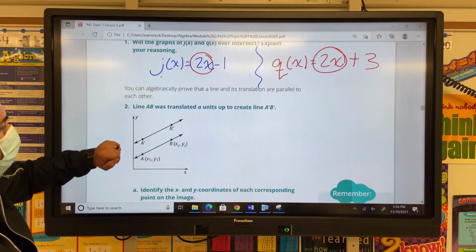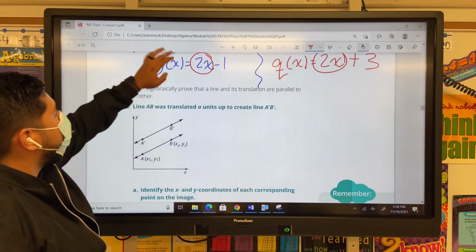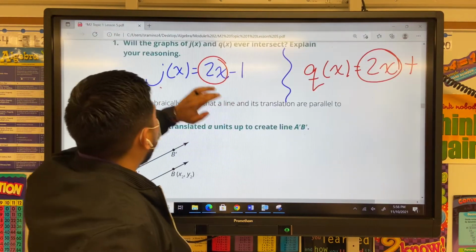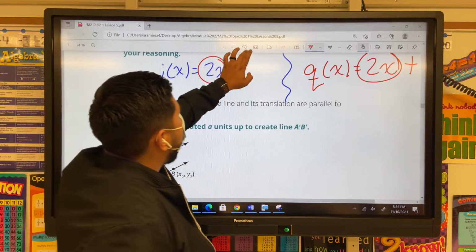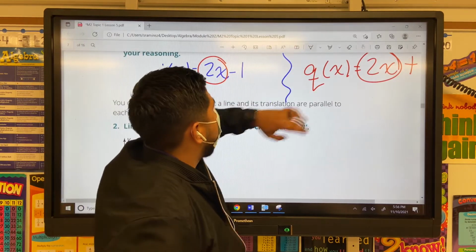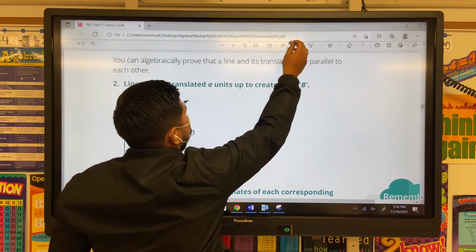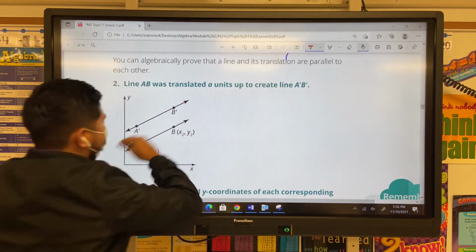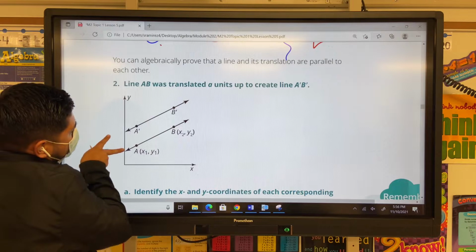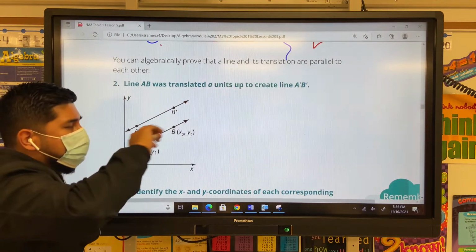Now, we're going to talk about it with this demonstration. We should know that parallel lines never, and I say never, ladies and gentlemen, they never intersect. There will always be this space between these two lines.